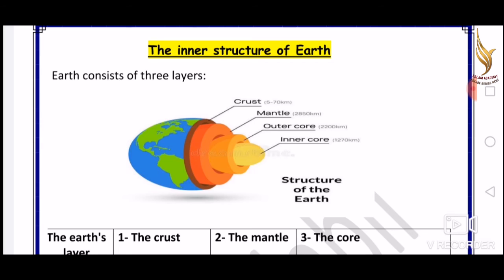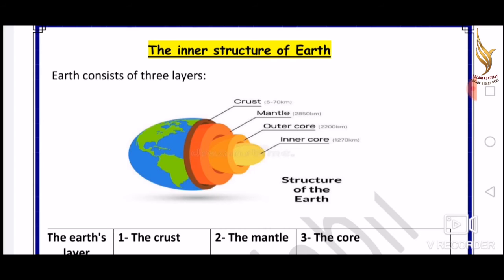And as a result of the rotation of the earth around its center, the heaviest metals like iron and nickel descended toward the center, while the lightest metals ascended upward. And this led to formation of 3 layers of earth. Each layer has its own characteristics that distinguish it from the other layers.